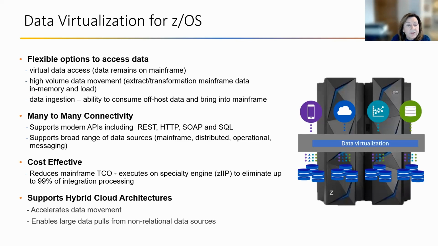And we hadn't touched on this yet, except for the fact that data virtualization can help from a cost savings perspective. And it does reduce, if you have the right solution, mainframe TCO, which uses a specialty zIIP engine to eliminate up to 99% of that integration processing.